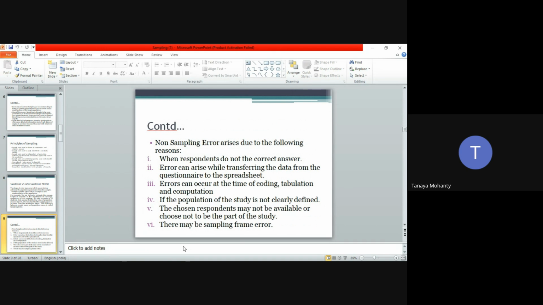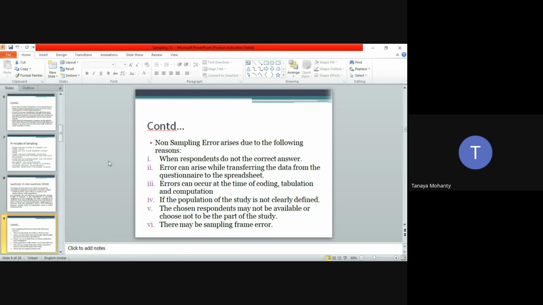And as I told you earlier, once a sample has been selected, it is very difficult to discard it. Because you are applying certain logic to select them, you have your own calculations, and that would damage your entire idea, the way you have imagined it. The entire sampling design would get spoiled. So that could be one of the reasons for sampling error.